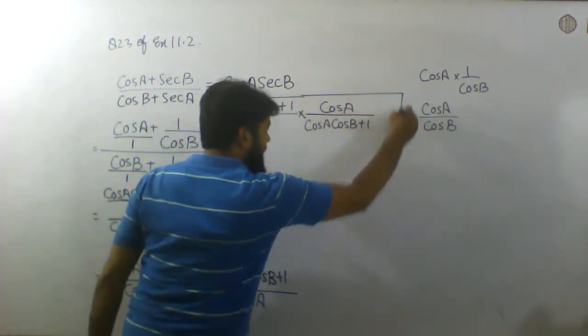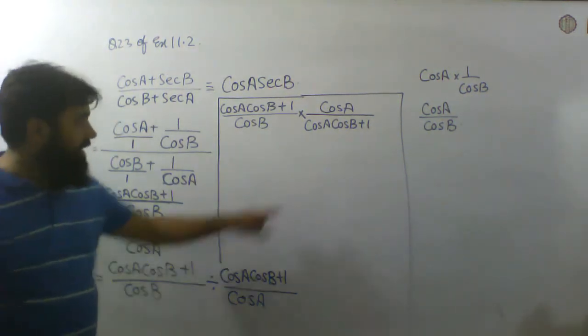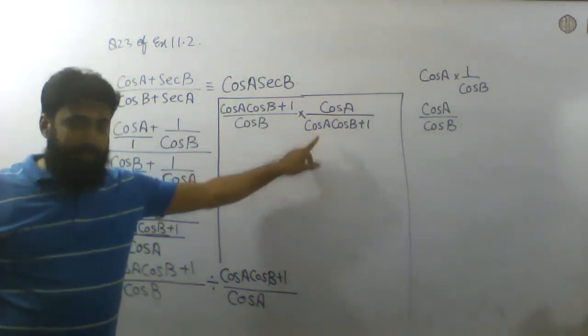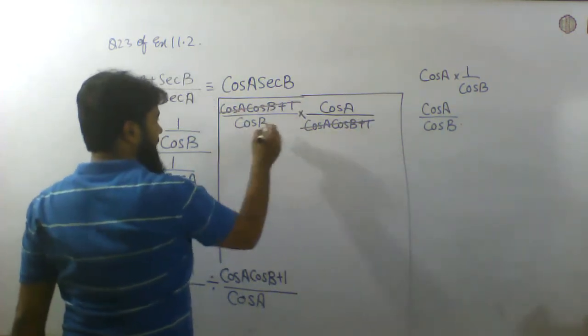What has happened here? When I changed divide into multiply, the fraction after it became reciprocal. So I am having this, and this will be cancelled.